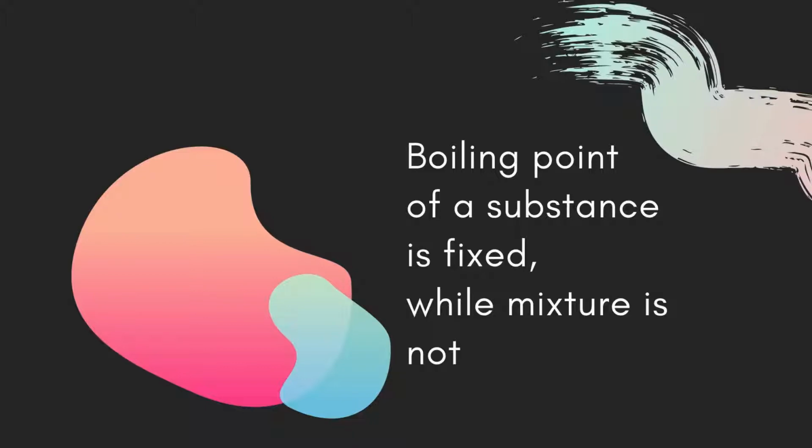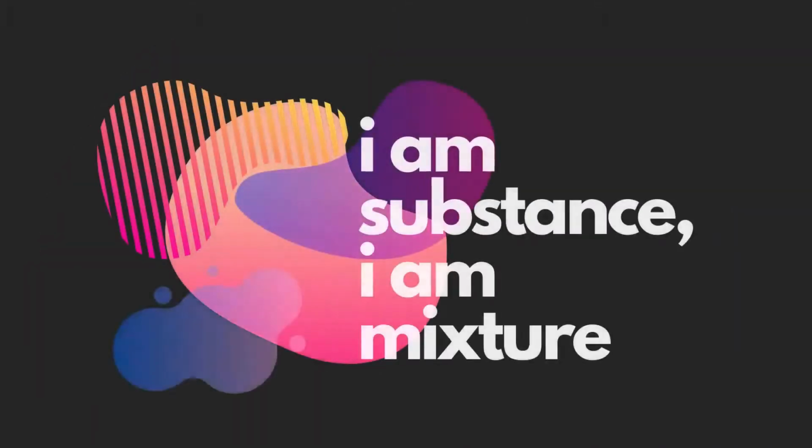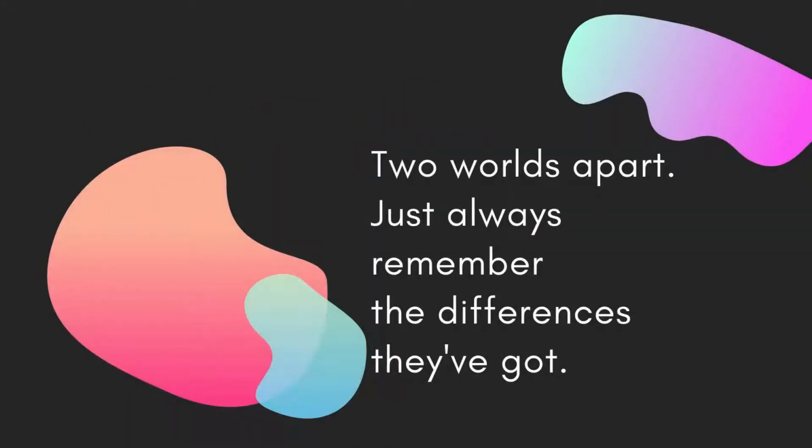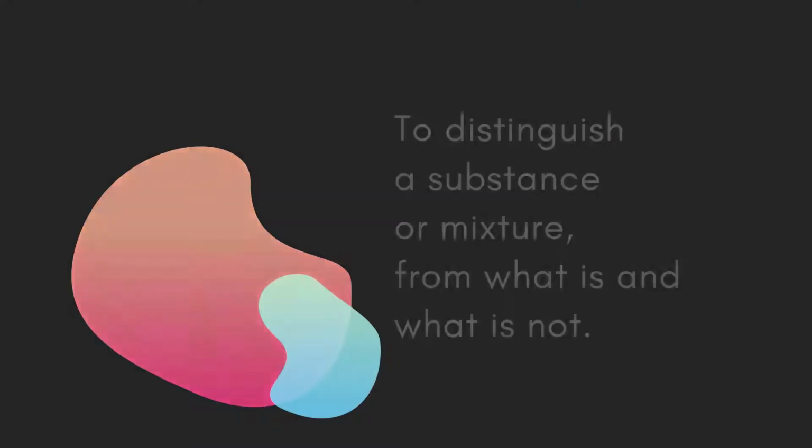Boiling point of substance is fixed, while mixture is not. Substance melts completely, but mixture does not. I am substance, I am mixture, two worlds apart. Just always remember the differences they've got to distinguish a substance or mixture from what is and what is not.